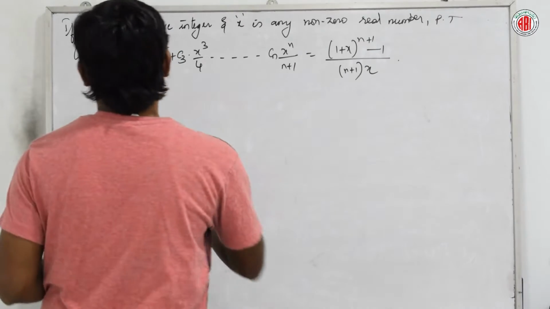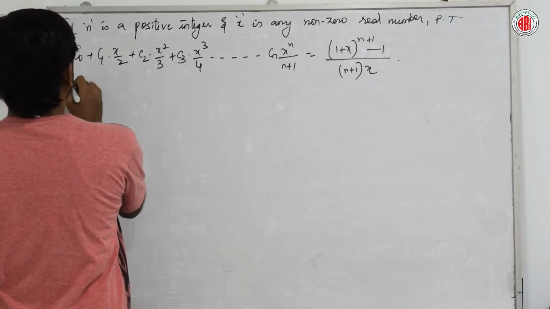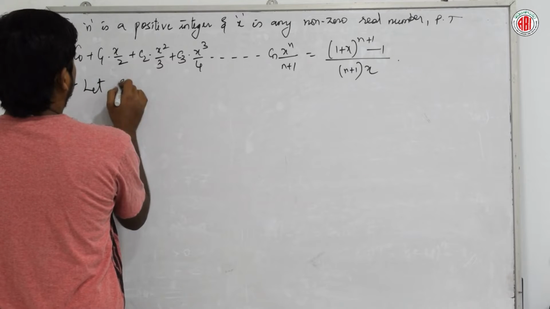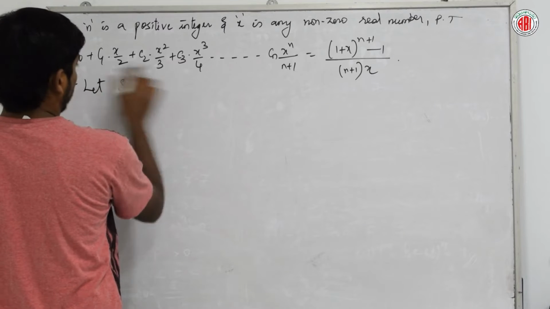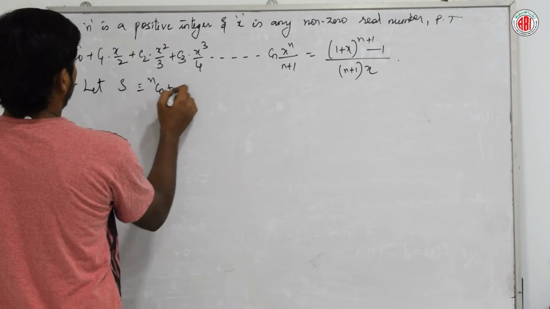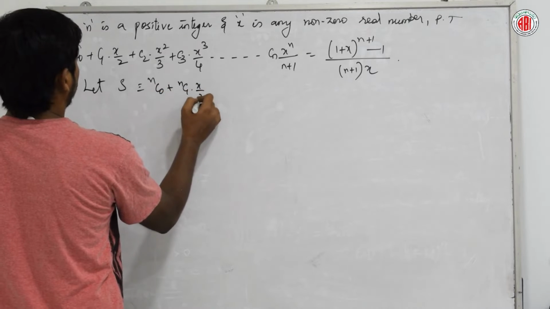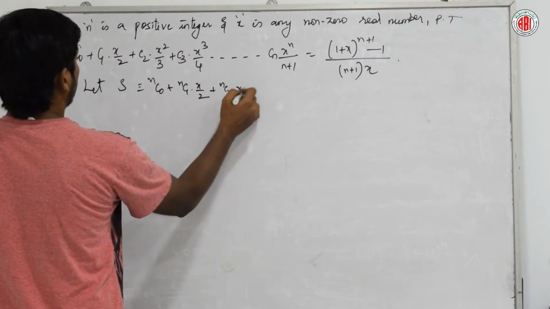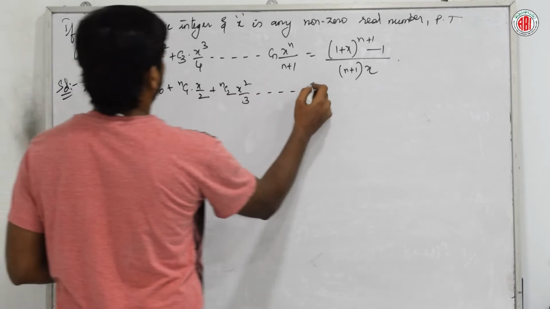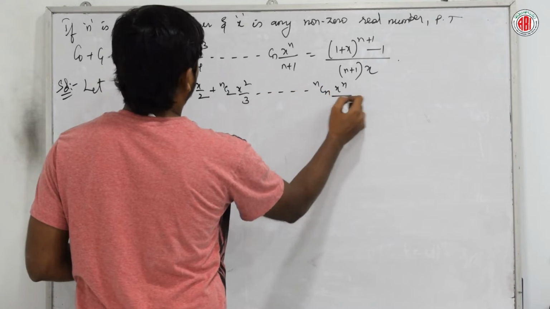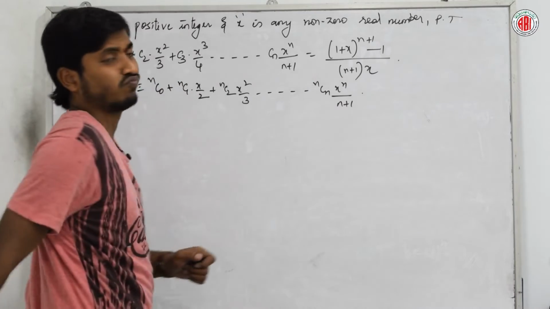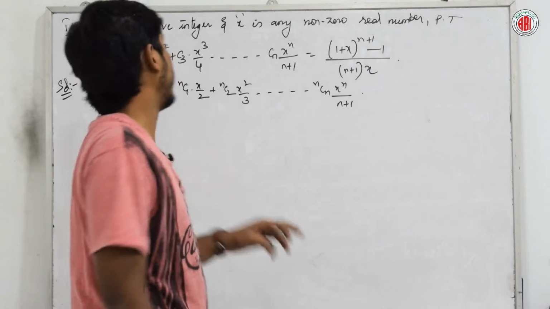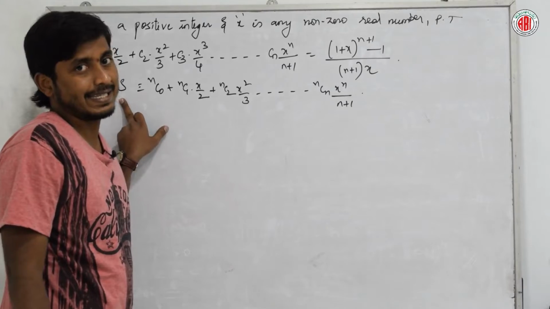Let us assume S is equal to this whole thing: nC0, nC1 x by 2, nC2 x square by 3 and so on up to nCn x power n by n plus 1. This is S.